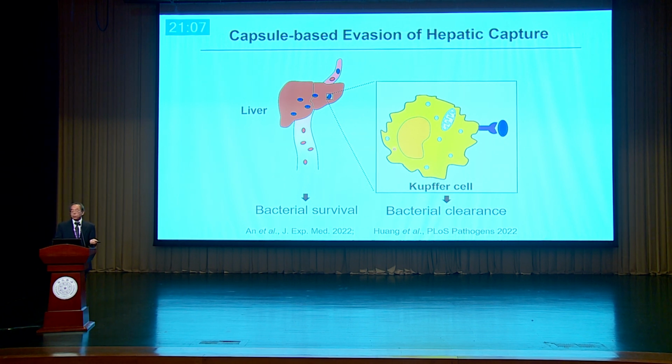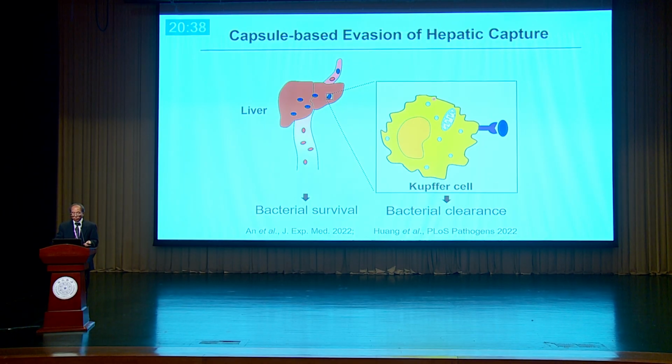Since this is already published, I just summarized here that when bacteria are in the blood, if they do not have capsule protection, they will end up with the Kupffer cells and get killed. And if they have capsule protection, they will survive. However, I don't have time to show you that different capsules have different capacity to evade binding to Kupffer cells.